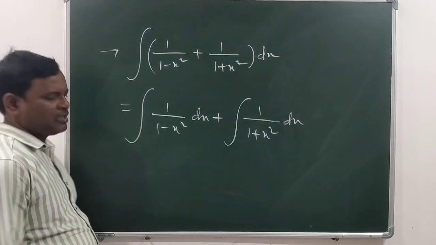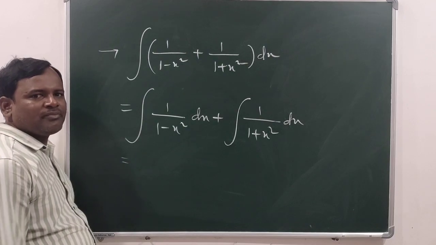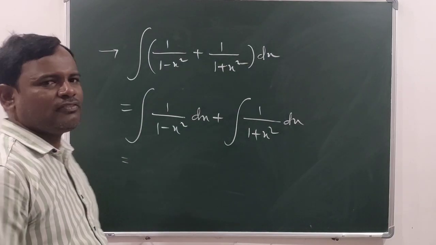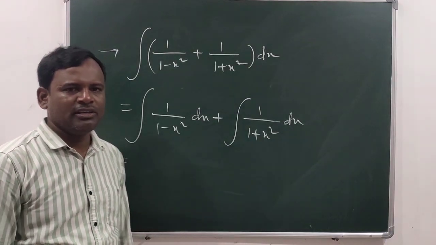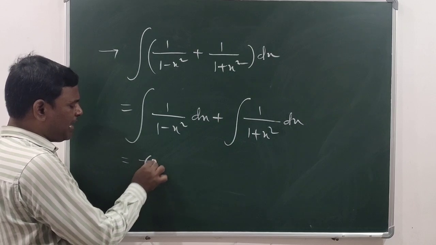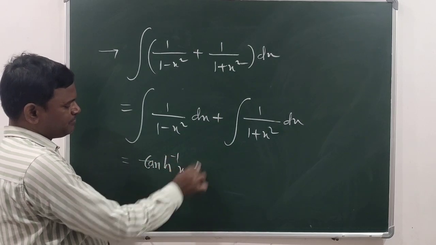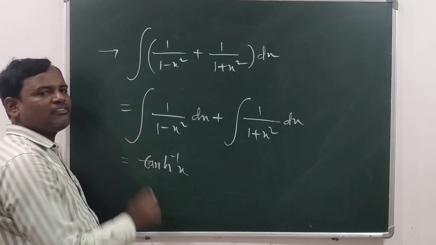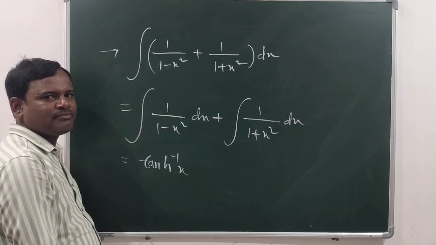dx. Now you know integration is nothing but inverse process of differentiation only. So here the integration of this function will be tan h inverse of x. When you do the differentiation of this function, we will get 1 by 1 minus x square.